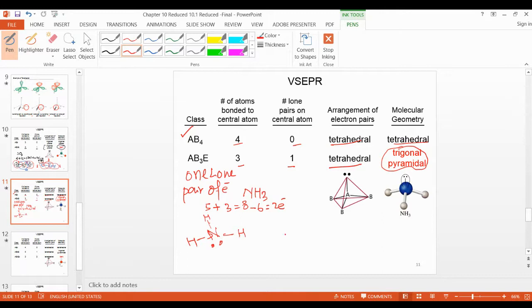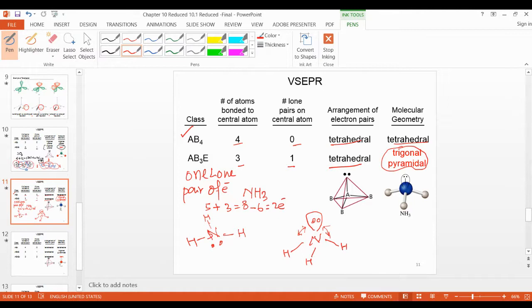As I told you, this nitrogen has one lone pair of electrons. It pulls the hydrogen bonds towards down, like this. They change the geometry. This is the interaction between lone pair and bond pair. They pull the bonds down.